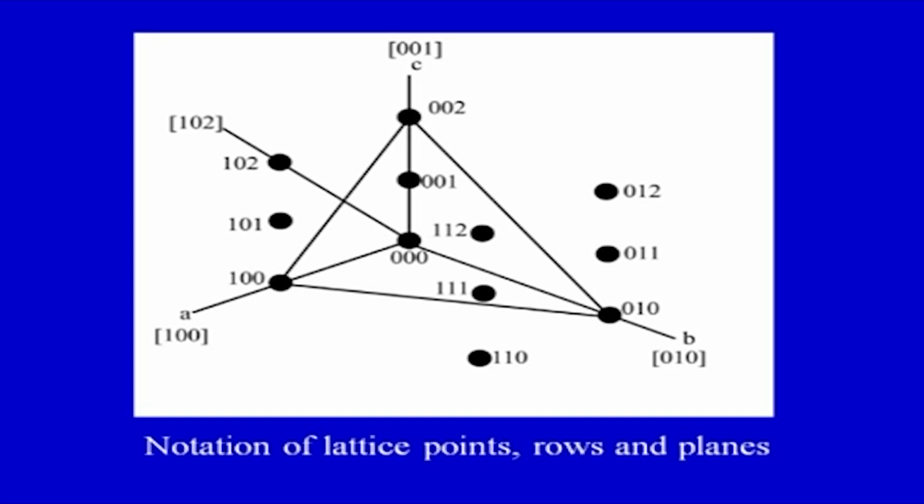For example, this is 0 0 1, 0 0 2, here it is 1 0 2, and in another direction it is 0 1 0. We are not going into detail, but just to give you an idea.